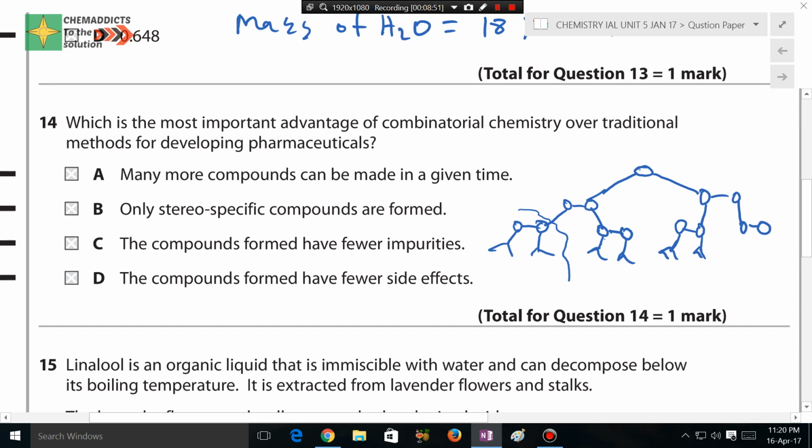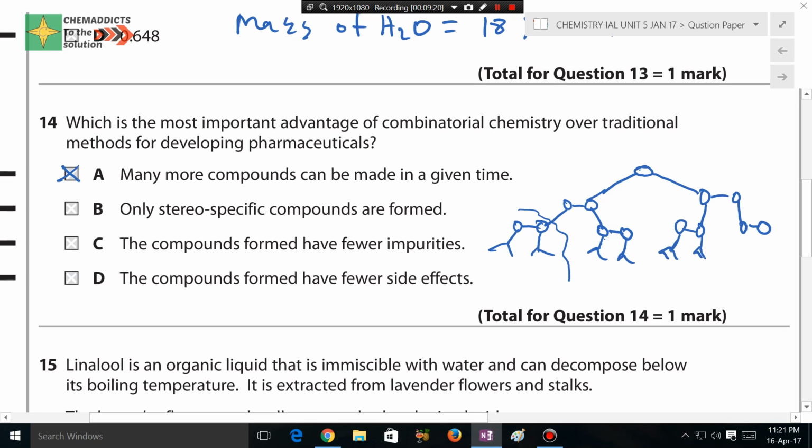So many more compounds can be made in a given time. We have synthesized a lot of possible chemicals from a given chemical. That's the explanation.